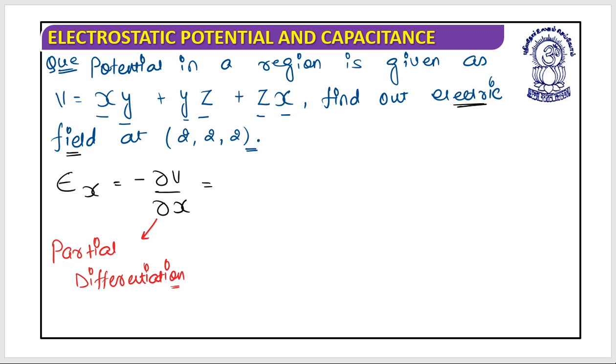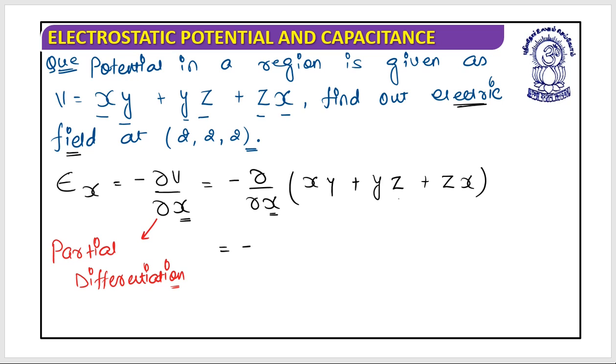What you need to consider is that when I differentiate with respect to x, y and z behave like constant numbers. So let's do it. You can do it. Minus ∂/∂x of xy + yz + zx. I am differentiating with respect to x, so at this point y and z behave as constants.